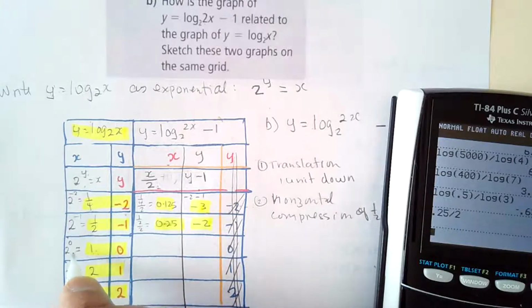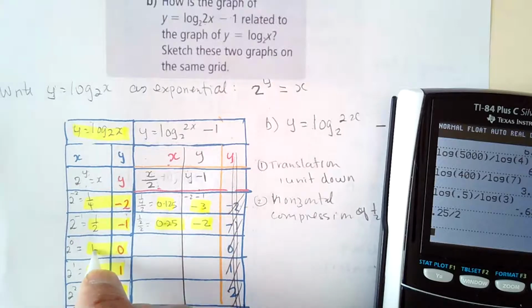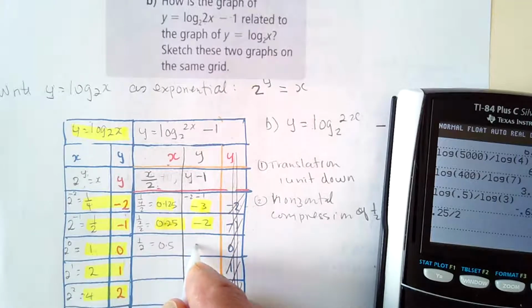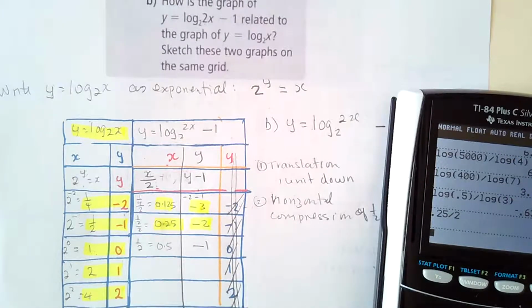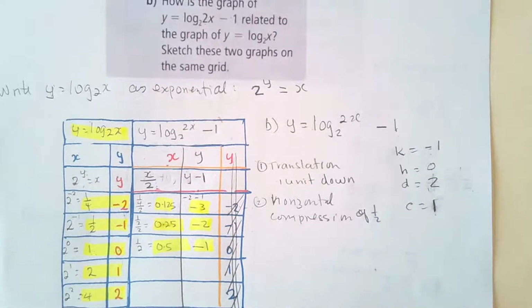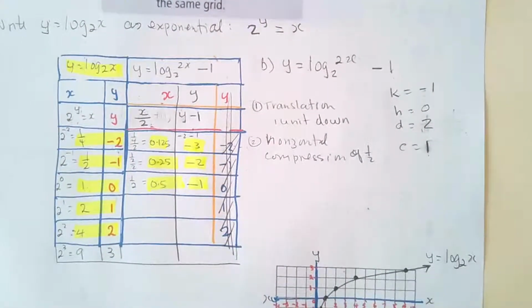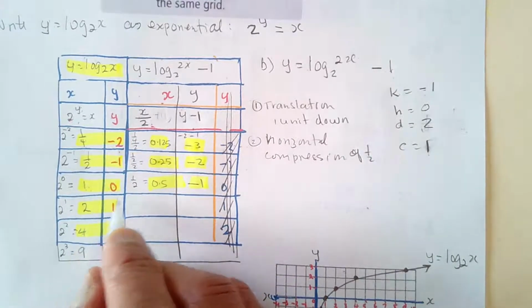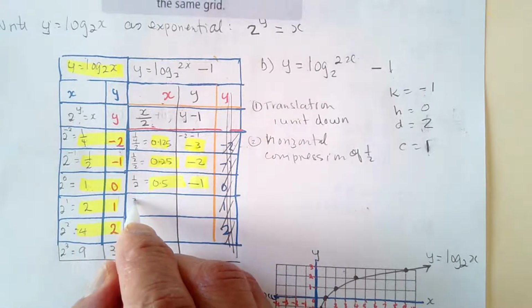Next, we have 1 over 2, which is half. So that remains 0.5. Now we have 0 minus 1, which will give us -1. So that's the next coordinate. We have now 2 over 2, which will give us 1.